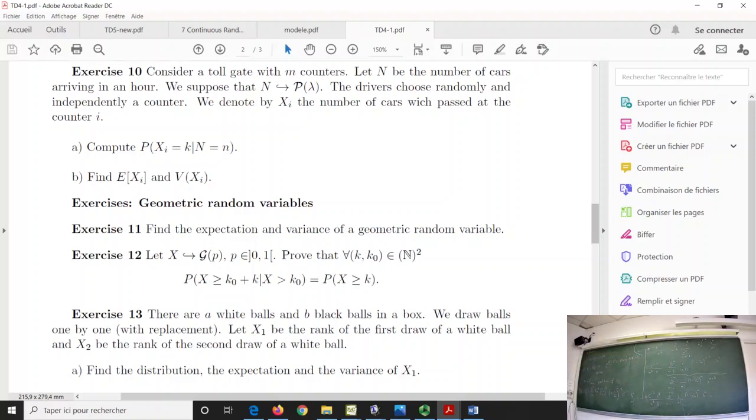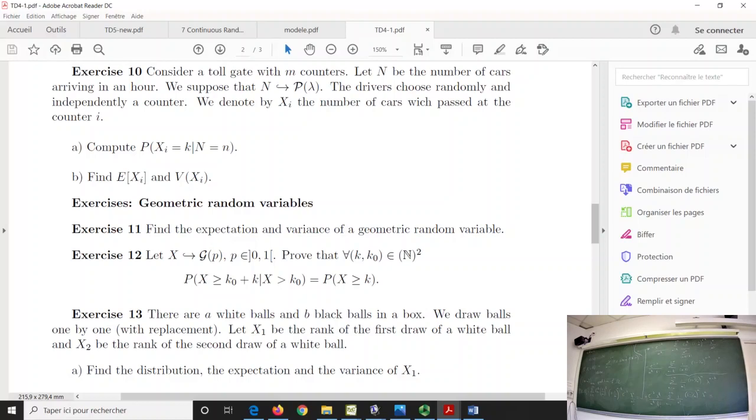And now, a priori, you have to recognize something. I have two sums in the course for the moment, the one related to the exponential and the one related to the geometric distribution. I have the n factorial here, so it looks more like something related to the exponential.